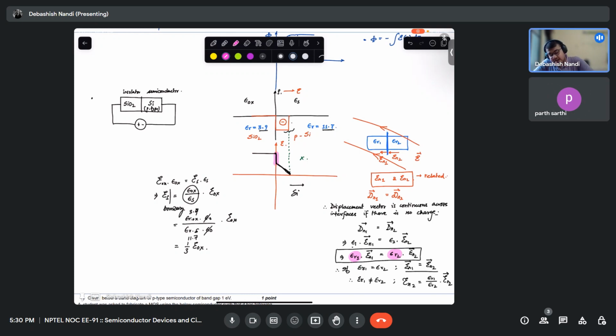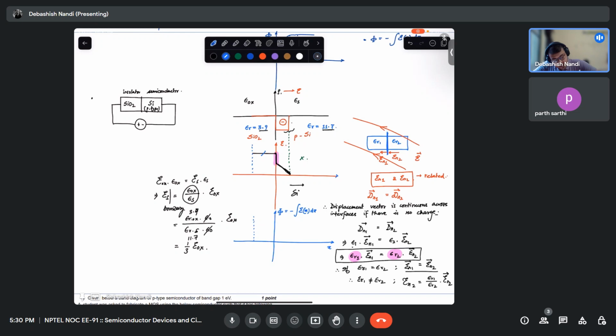So now if I ask you how the potential profile will be, this will get integrated. Phi is nothing but minus the integration of E dx.